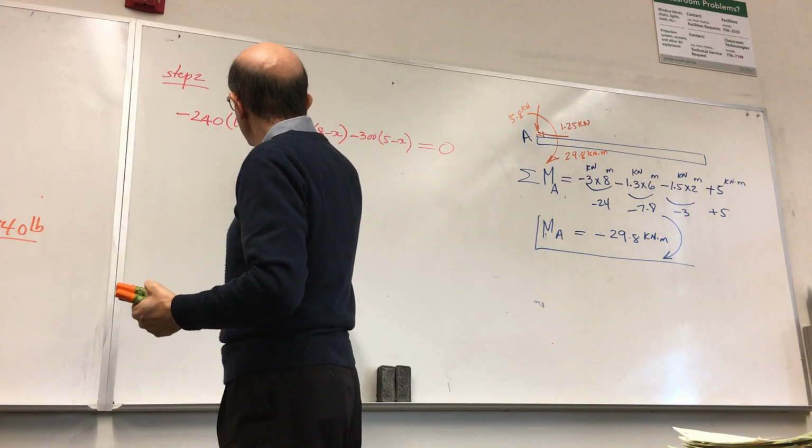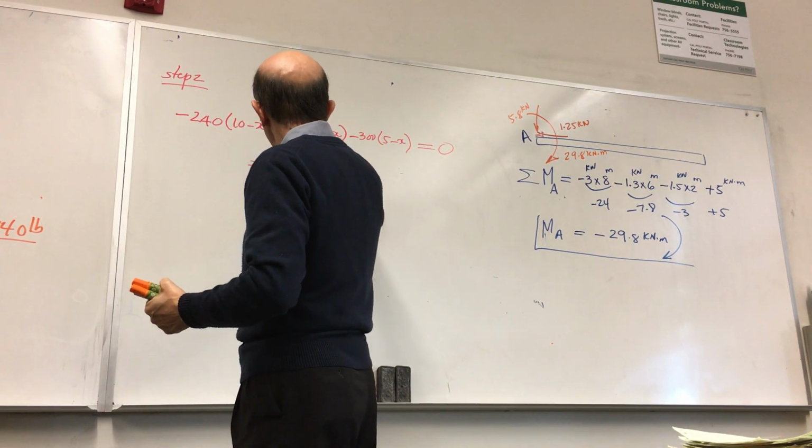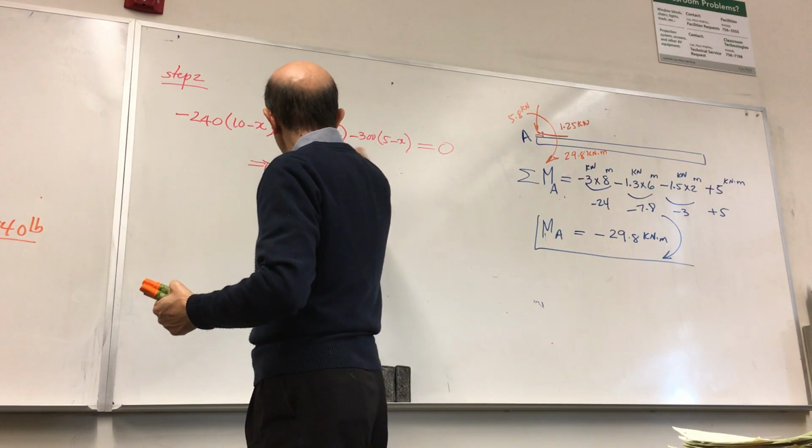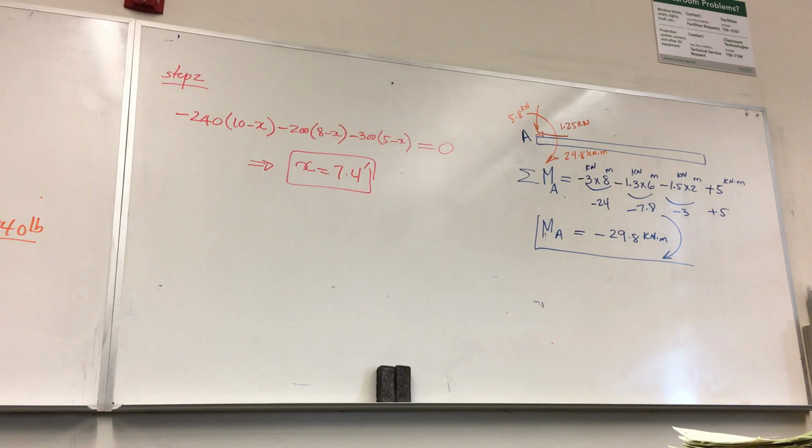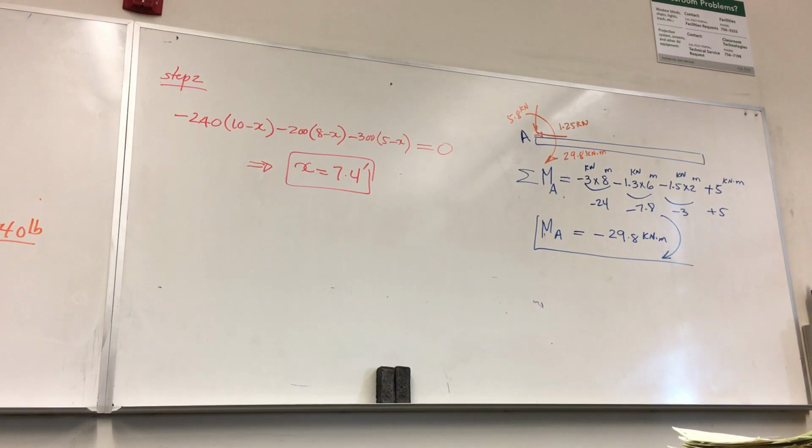If this is 0, this will give us a value for x of 7.4 feet. In other words, if we put all these forces at a point which is 7.4 feet from the left end, you only have a single force and no more.